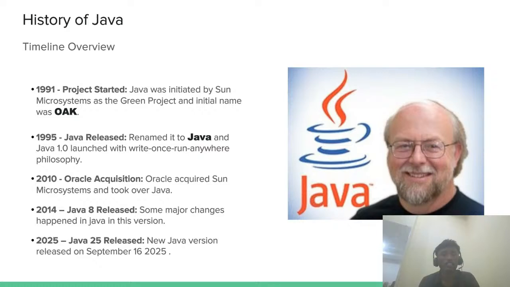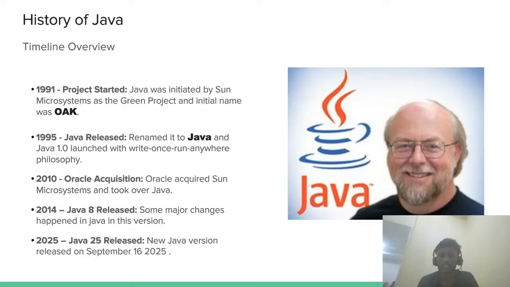There is a story for this name, because oak was a tree, and the four or five members who invented Java were sitting under these oak trees. At the start they thought the name was silly, so they wanted to start with a new name.